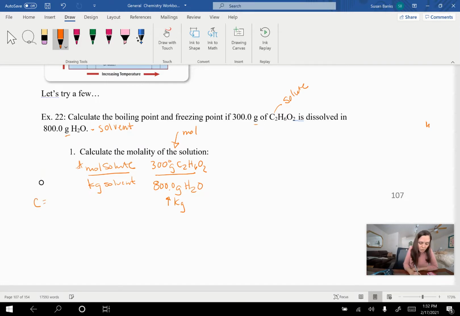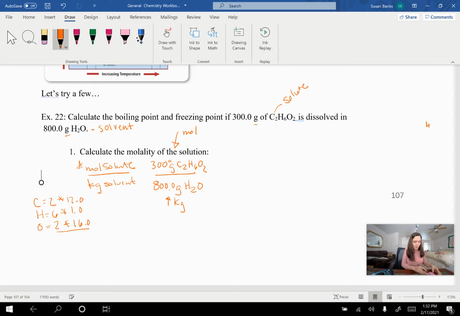So I've got 2 carbons, and if I look on the periodic table, carbon is 12.0. So I'm going to multiply that by 2. Hydrogen, I've got 6 of them, and the mass of hydrogen is 1.0. And I've got 2 oxygens, and the oxygen mass is 16.0.